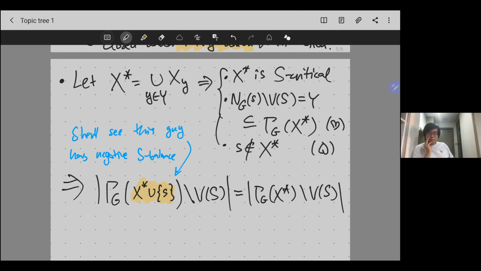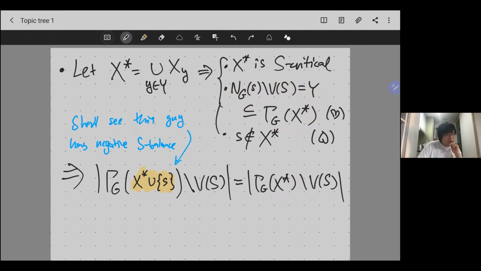The only difference of left and right hand side is the neighborhood of S sticking out of V of S, which by definition is exactly Y, right? But we know that Y is a subset of neighborhood of X star. So it's already included here. This is why we have the equality here.